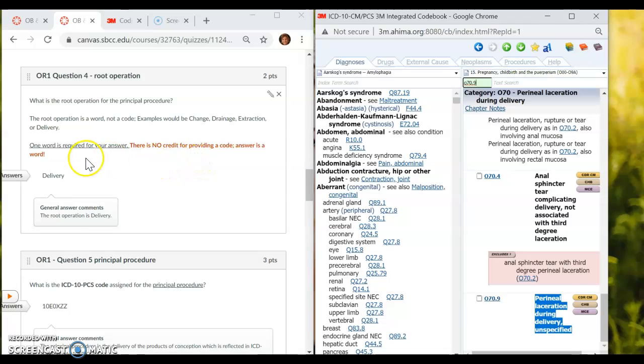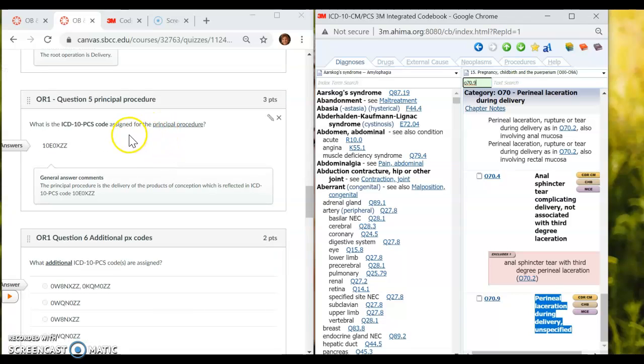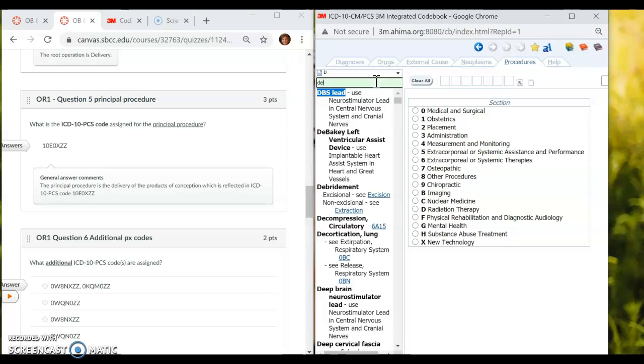Okay, let's go ahead with right here. The root operation is delivery. I'm just looking for one word, just as it's stated. It didn't matter if it was a small d for the delivery. Okay, principal procedure is going to be, we know it's delivery. So let's go ahead to my procedures and just real quickly here. This is easy.